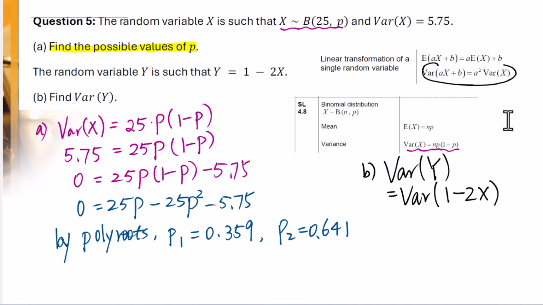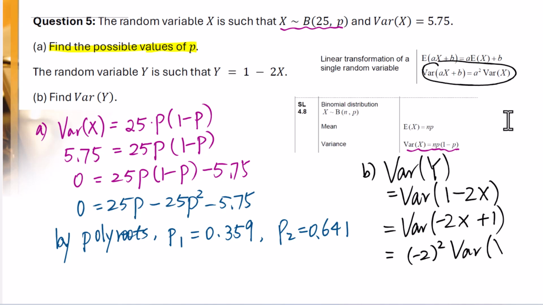This formula equals variance of negative 2x plus 1. So we get negative 2 squared times variance x, equals 4 times 5.75 equals 23.